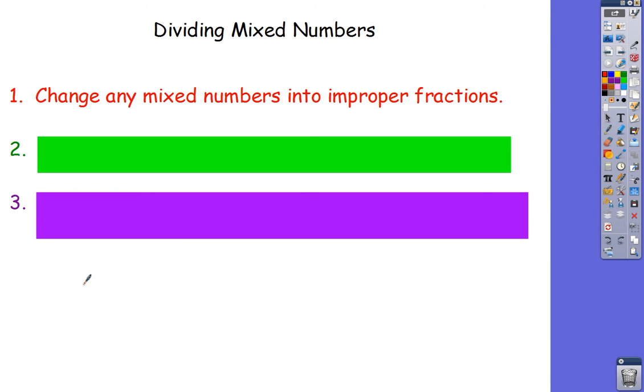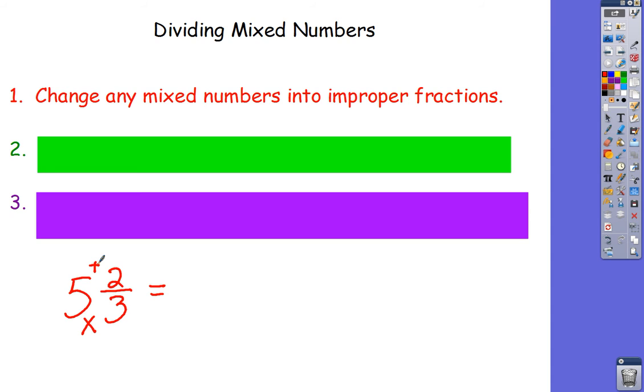So let's say we had the fraction 5 2/3. Now we've talked about this before, but the steps you need to go through to turn a mixed number into an improper fraction is denominator times the whole number and add on the numerator.